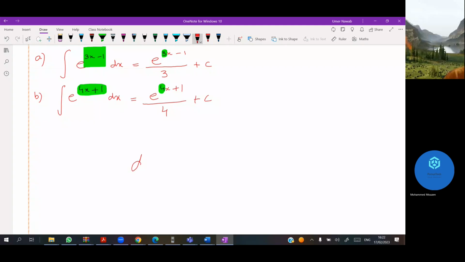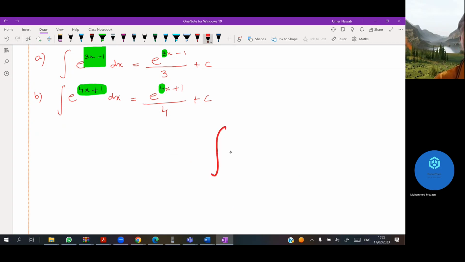Don't forget, when we took the derivative of e raised to power 4x plus 1, we were writing the same answer, but we were not dividing; we were multiplying with the derivative of 4x plus 1, which was 4. So the derivative is e raised to power 4x plus 1 times 4, but for the integration you have to divide, and the condition is that the power must be linear.